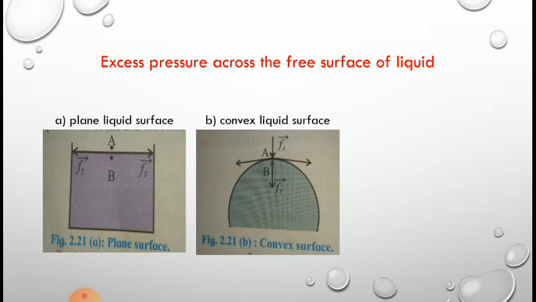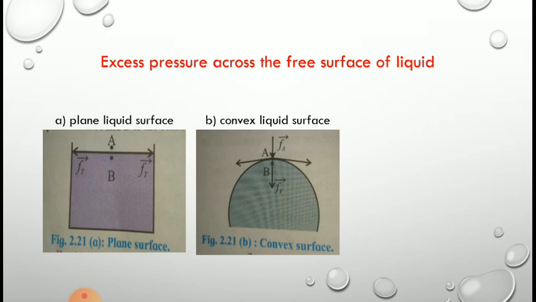This develops pressure at point B, which is inside the liquid on the concave side of the meniscus. Thus, the pressure on the concave side, that is inside the liquid, is greater than that on the convex side, that is outside the liquid.